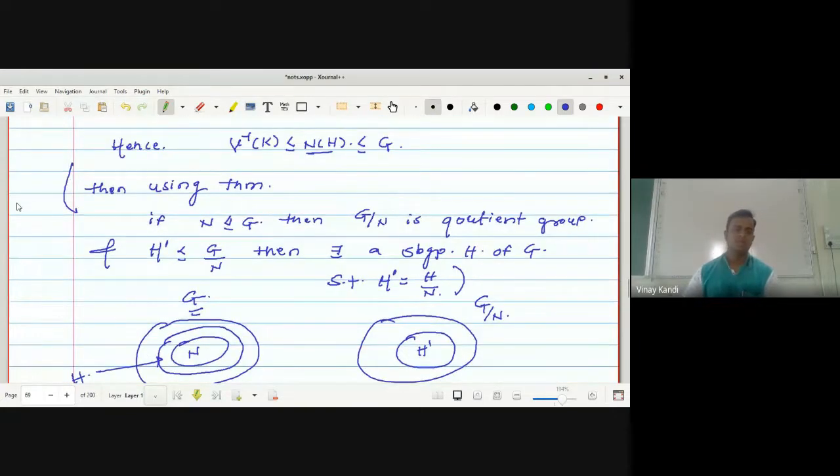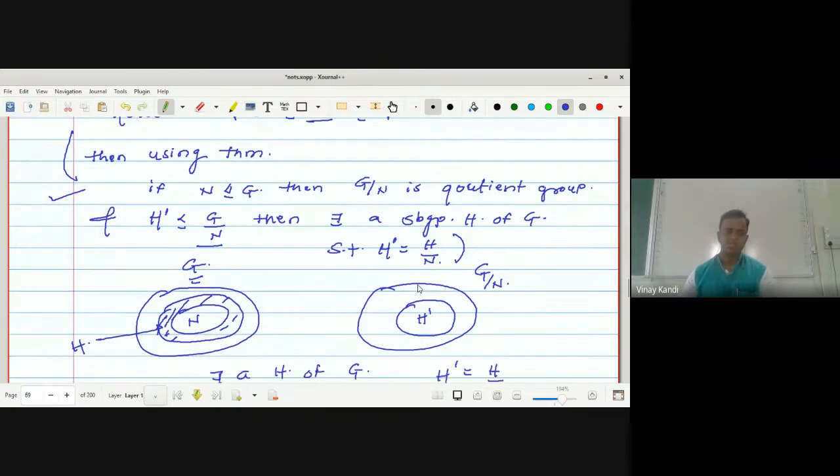Okay, this is the statement. If N is normal in G, then G by N is a quotient group, and if H dash is a subgroup of this quotient group, then there exists a subgroup H of G such that H dash coincides with H by N.